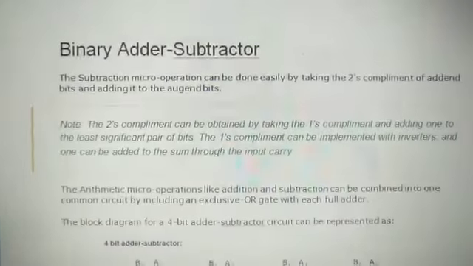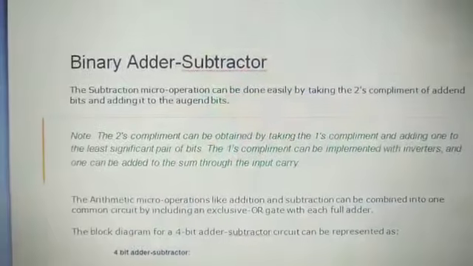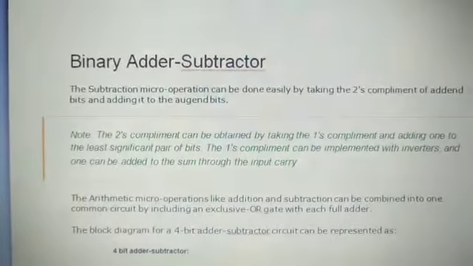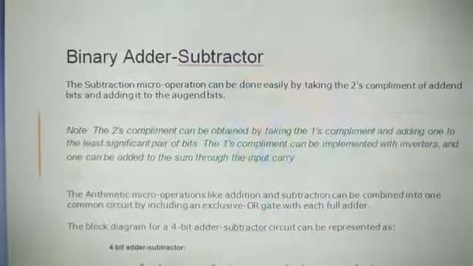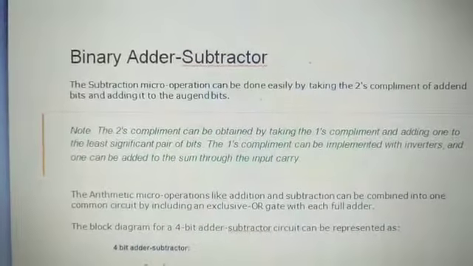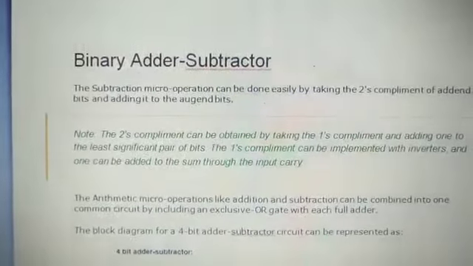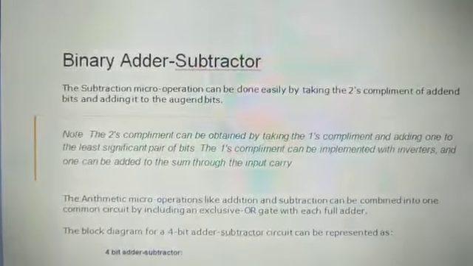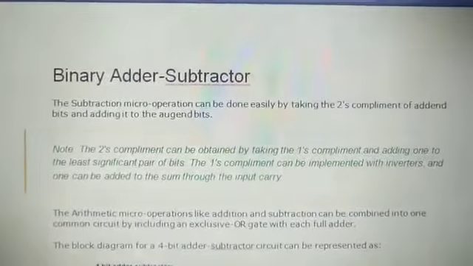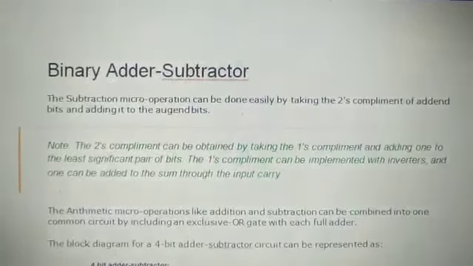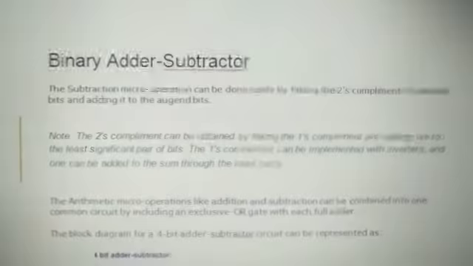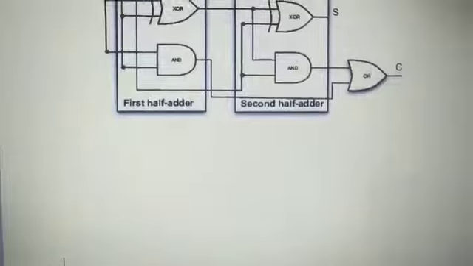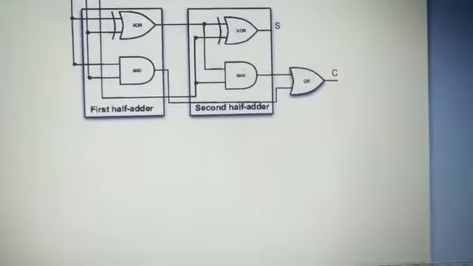The exclusive OR gate acts like an inverter over here, and why an inverter I will explain later on. And one is a control input line. Why is the control input line required? If the circuit will act like an addition circuit or a subtraction circuit, through this control input we will be able to determine. So first you go through the block diagram of the 4-bit parallel adder subtractor circuit.